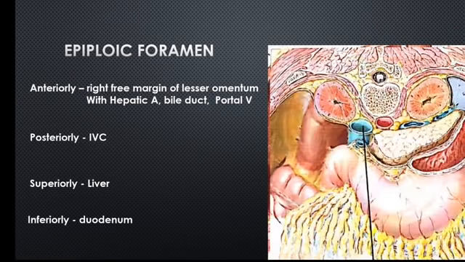In the other picture we can clearly see the boundaries of the epiploic foramen. This is a horizontal cut section where we see the inferior vena cava, the cut portion of the stomach, and just behind the stomach we have the lesser sac.